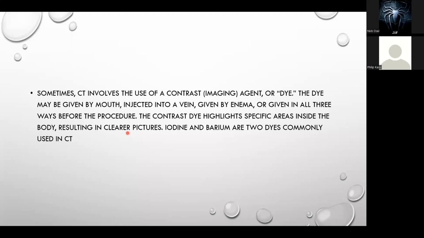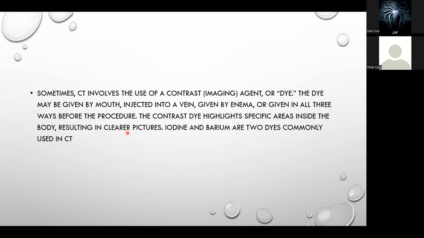The person takes it and then has the X-rays done, and that delimits the bowel anatomy well. If you suspect diverticulitis, you may give a barium enema and then take the CT scan, and it can well delimit the rectum and large bowel for you to see.